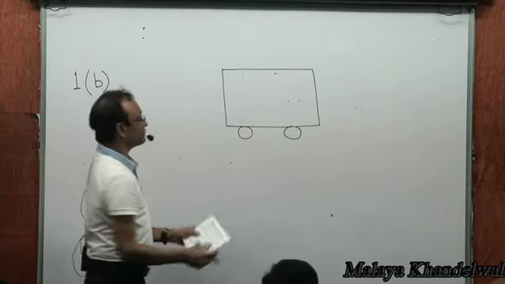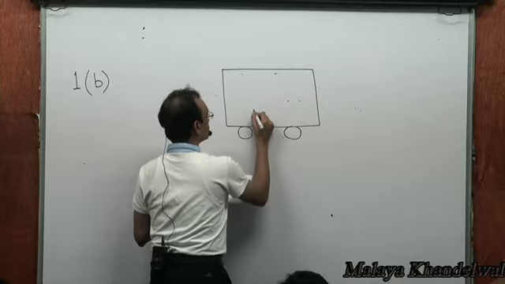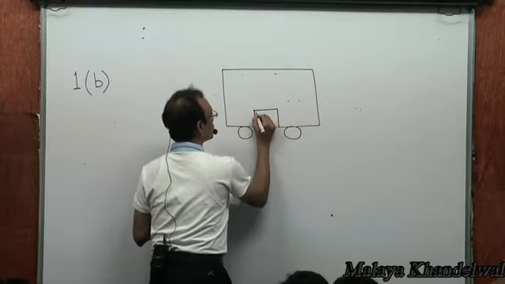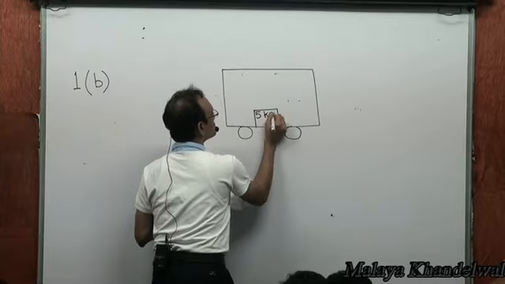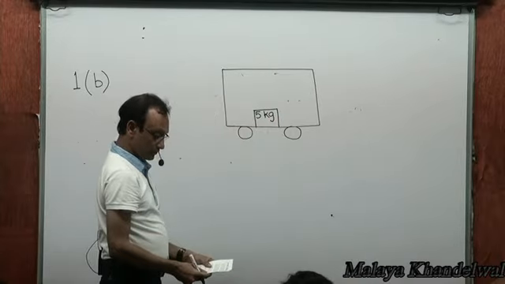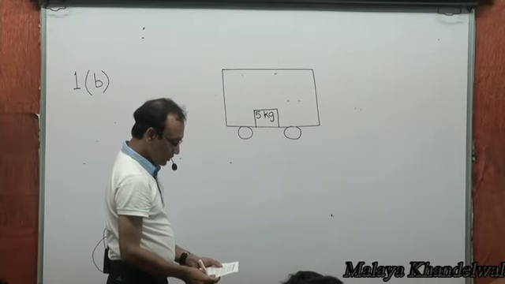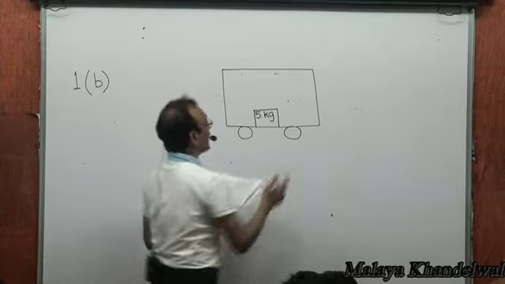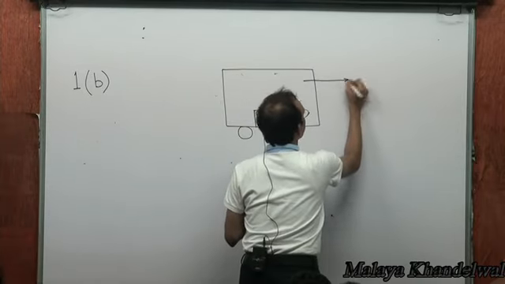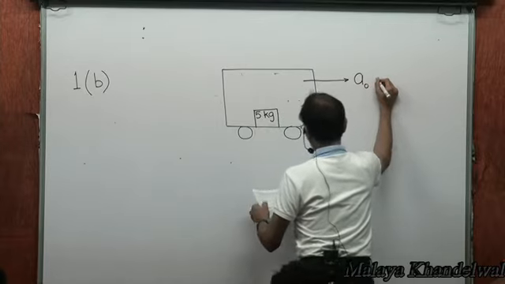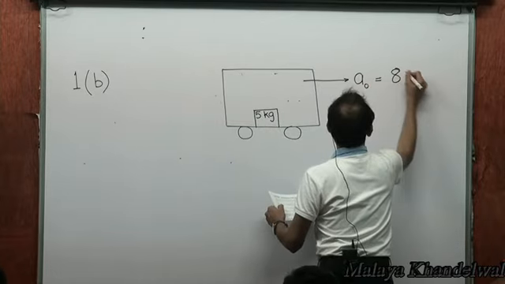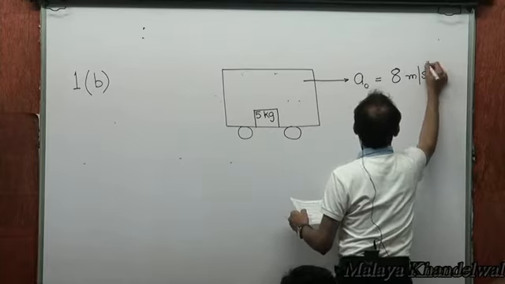Inside the cart, there is a 5 kg block. And the cart has an acceleration A0 equal to 8 meters per second squared.